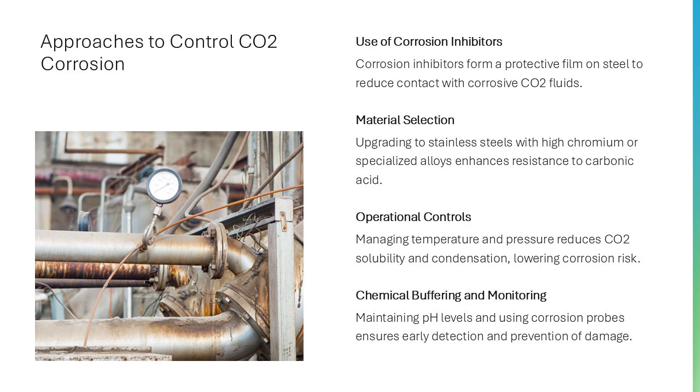In systems where protective phase CO3 scales can form, conditions should be optimized to encourage their stability. Regular monitoring using techniques like corrosion probes and inline sensors ensures early detection and intervention. Implementing these strategies collectively enhances equipment longevity, minimizes maintenance costs, and ensures safe and efficient operations in CO2-rich environments.